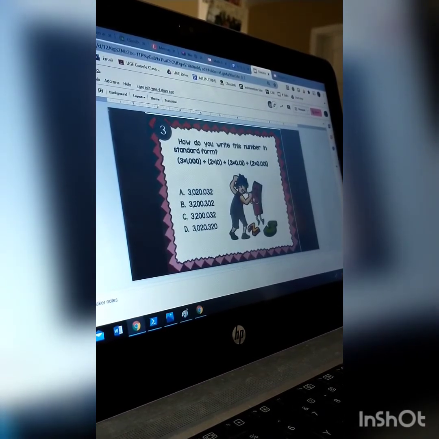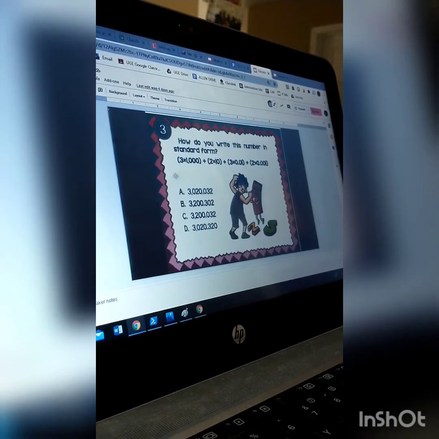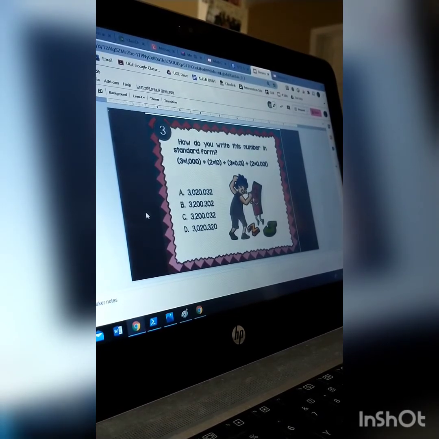Okay, let's look at this one. This is going from that long multiplication back to standard. Take a look. They're all very similar, so you got to go slow.